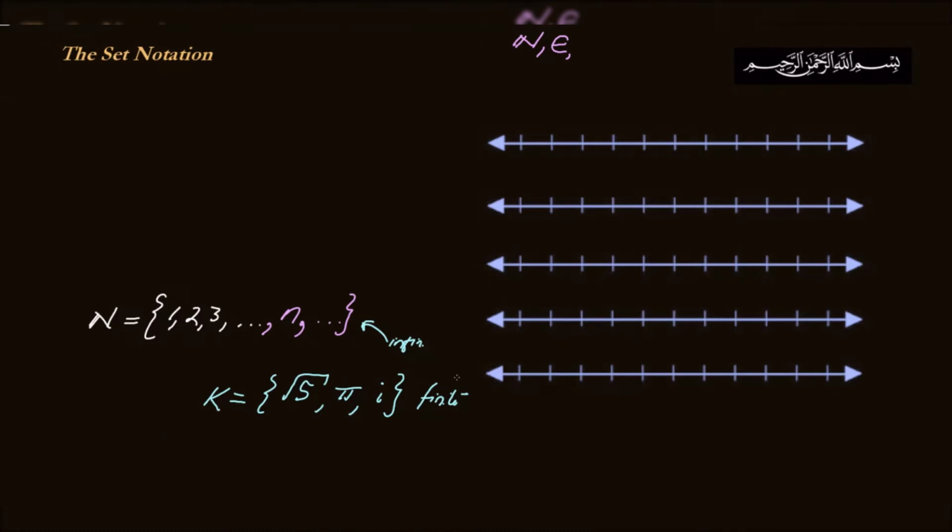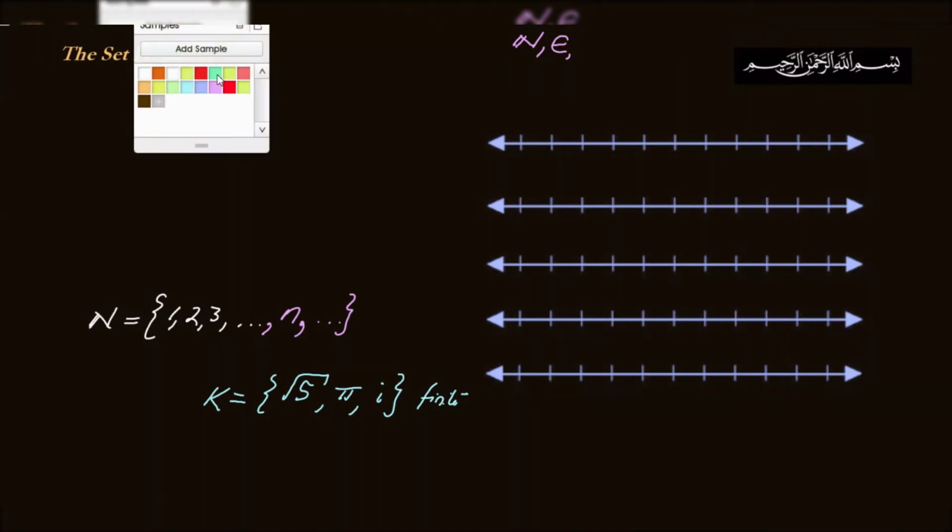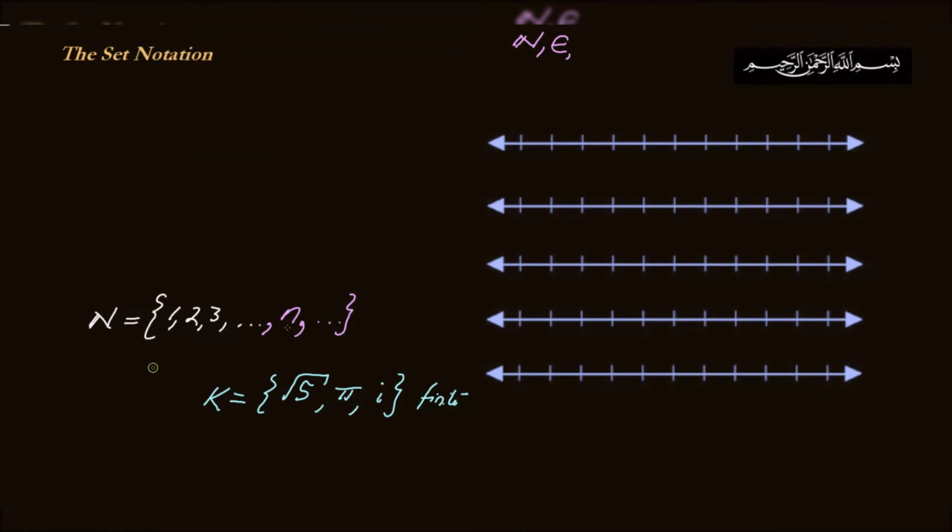Now, there's another thing that we can say. All right? The concept of a subset. Now I have a set of natural numbers. Now I'm going to pick another set. I'm going to call it set D, or maybe I'll call it the set S for subset.